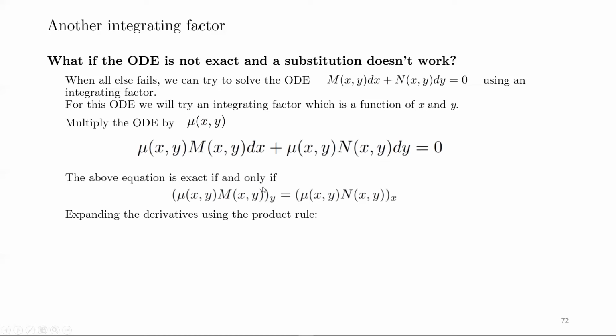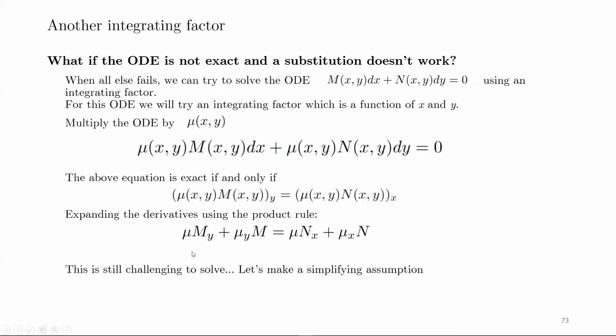If I expand on the left and the right hand side here, the derivative on the left with respect to y, on the right with respect to x, using the product rule, then I get this thing: mu times the derivative of M with respect to y plus the derivative of mu with respect to y times M equals mu times N_x plus mu_x times N. The subscripts here again denote partial derivatives.